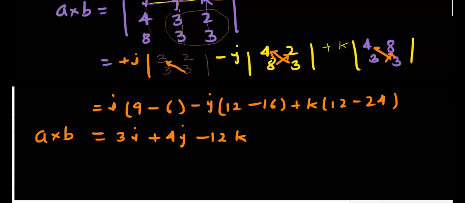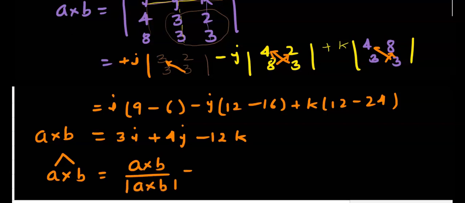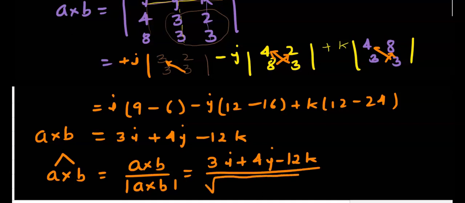Now we need to find the unit vector in this direction. So the unit vector of A cross B is given by A cross B divided by its modulus. A cross B is 3i plus 4j minus 12k divided by its modulus. 3 square is 9, 4 square is 16 and minus 12 square is 144.